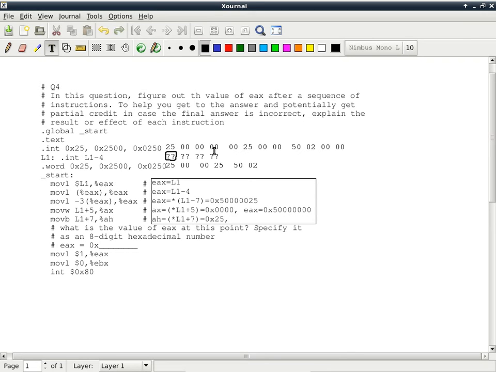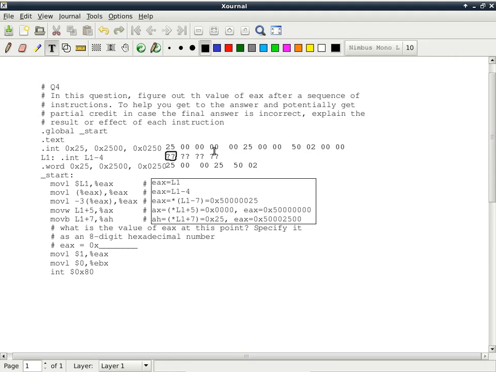But that turns out to be bit 8 to bit 15 of EAX. So EAX ends up with a value of 0x50002500. Does everybody get this part here? You know, how we can track it down line by line?